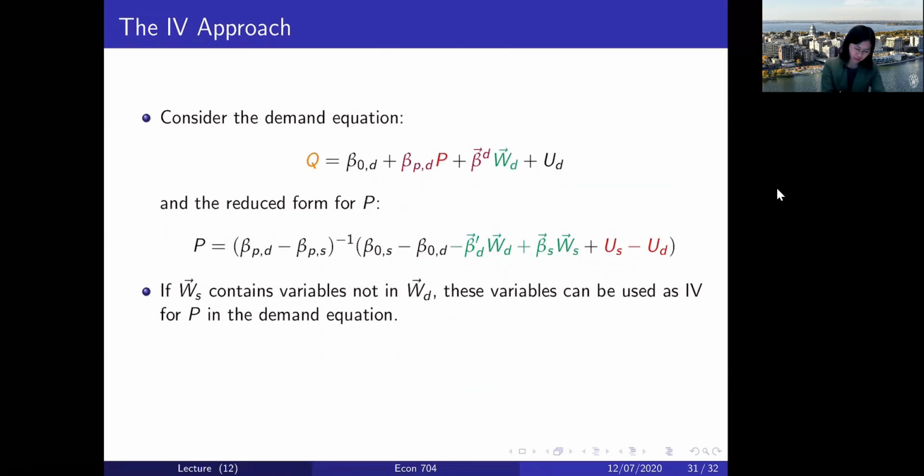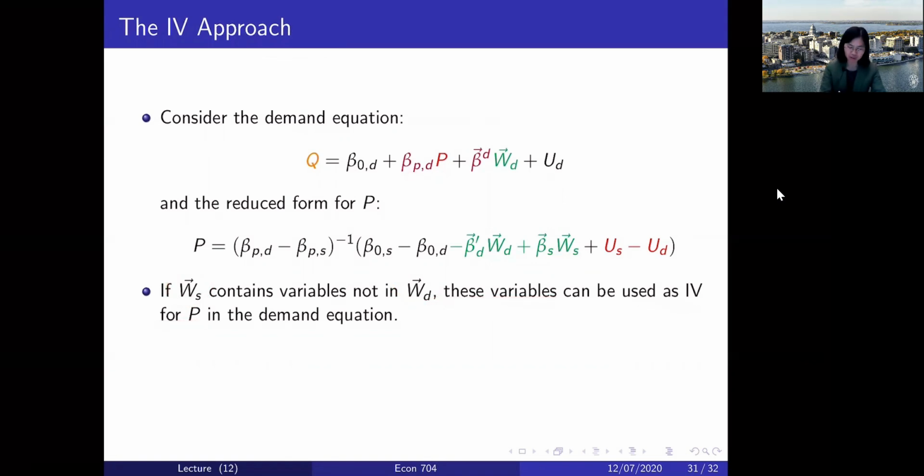So if there are variables in WS that are not in WD, if there are supply shifters that are not also demand shifters, then those variables can be used as IV for P in the demand equation.